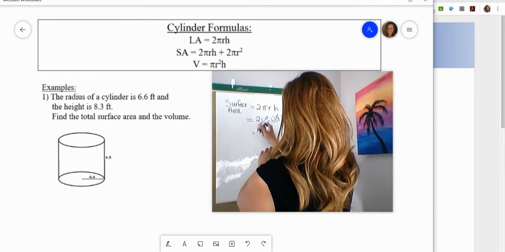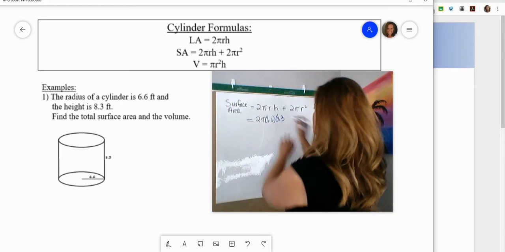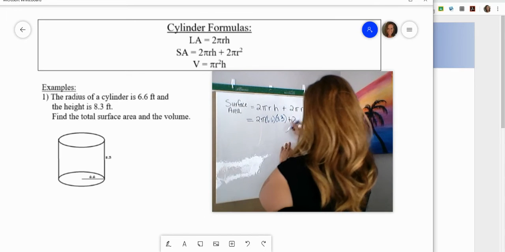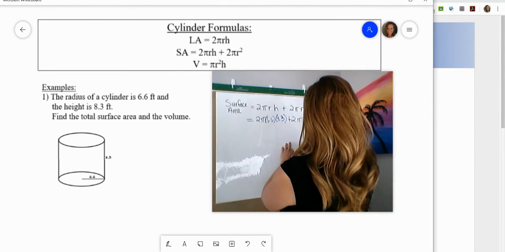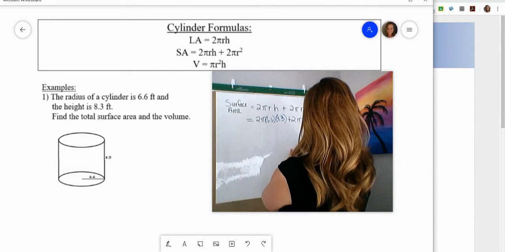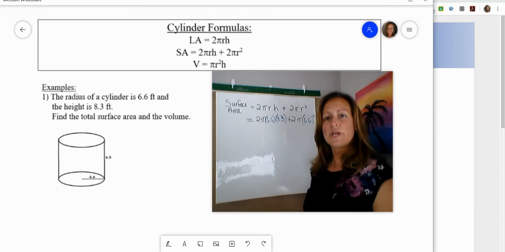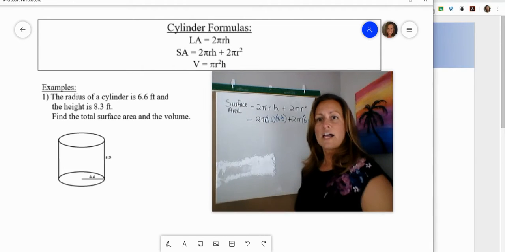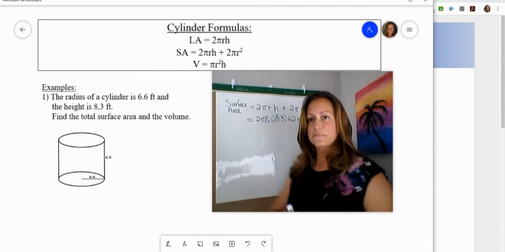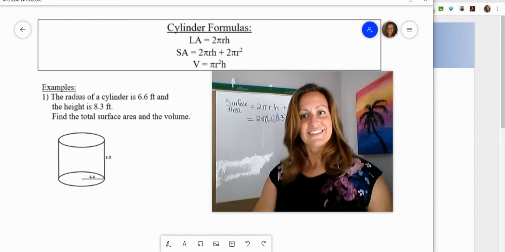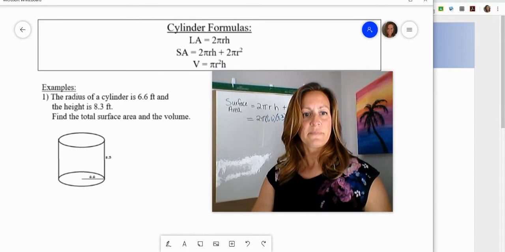So 2 pi times 6.6 times 8.3 plus 2 pi times radius 6.6 squared. Okay, I'm going to go ahead and work that out on the calculator. I would like you to do the same thing, and then we will compare notes. So you might want to stop at this point.